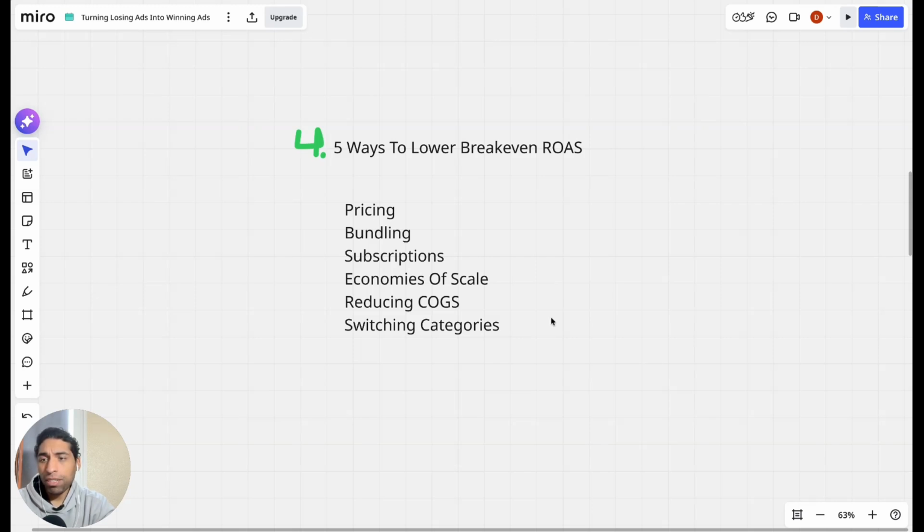Okay. And last but not least, this is the hardest one. This is one that people don't really want to do, but it is an option, and it is actually pretty important: just sell something else, switching categories, right? For example, a really hard business to sell online with paid advertising is food and beverage. Say you sell ice cream. Ice cream is extremely difficult to sell online.